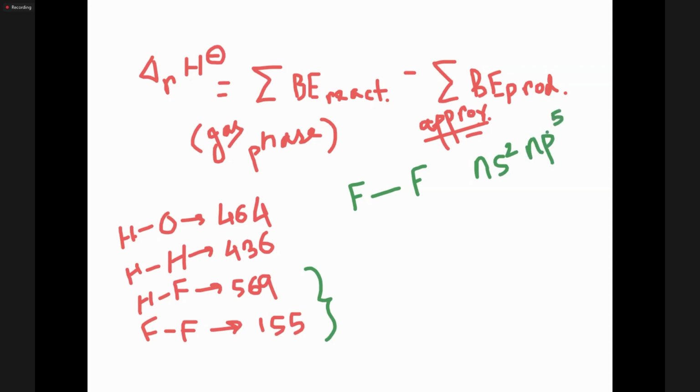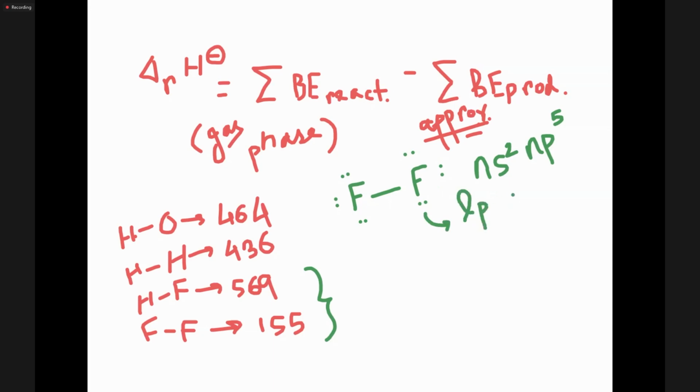So with the one odd electron, this bond will be formed and there will be 3 lone pairs on each fluorine atom. And you have talked about these as lone pairs of electrons.